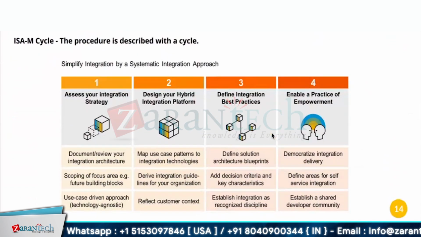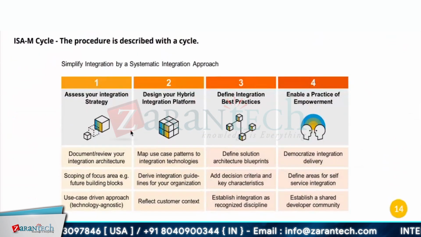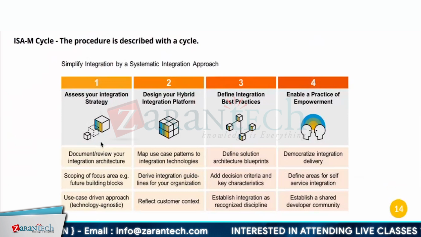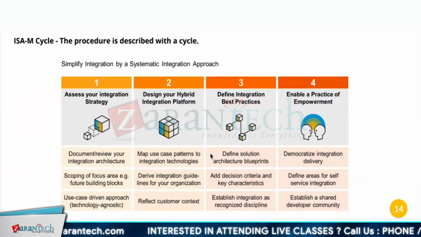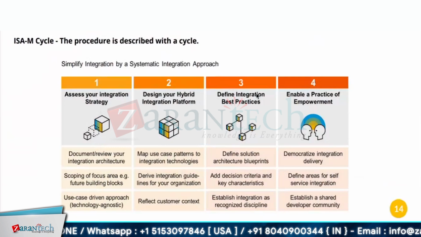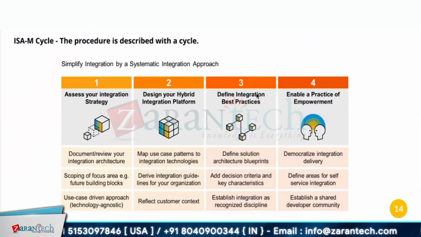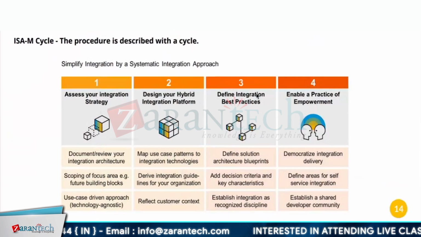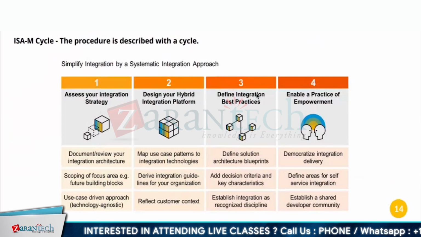Okay, so this is the entire cycle, as I said earlier: start with your integration strategy, document your integration overview, then design your hybrid integration platform. Third, define your integration best practice models. In your best practices you will have certain points, like what are my key decision criteria and key characteristics that I have to look into to make my blueprint successful, right?